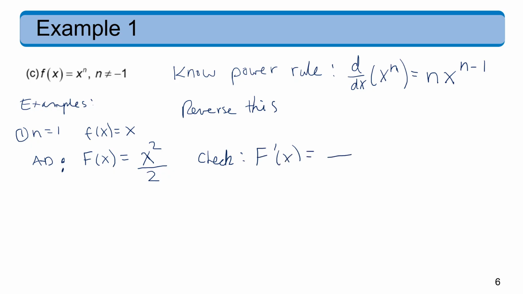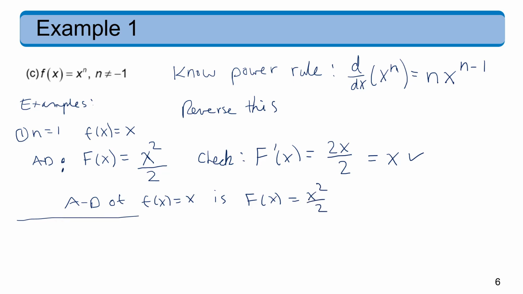So we keep the division by 2, and then the derivative of x squared is 2x. The 2's cancel, we get x, so that worked. Okay, so we just found the antiderivative of f of x equals x is capital F of x equals x squared over 2.